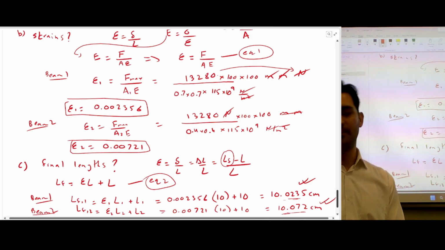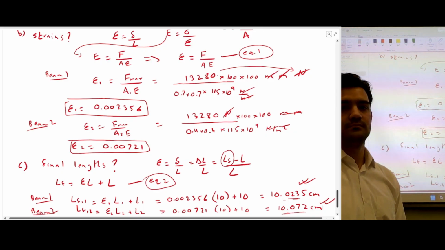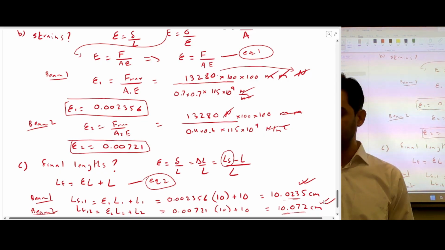Next, we can do example 2.4. So you can read example 2.4.